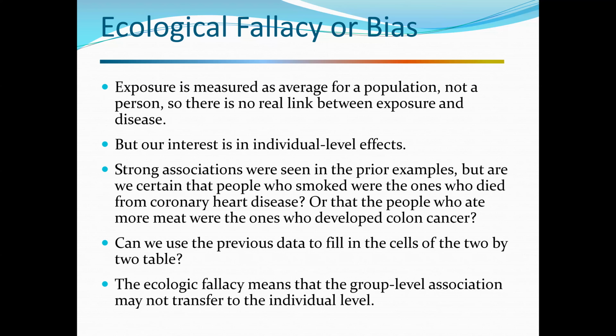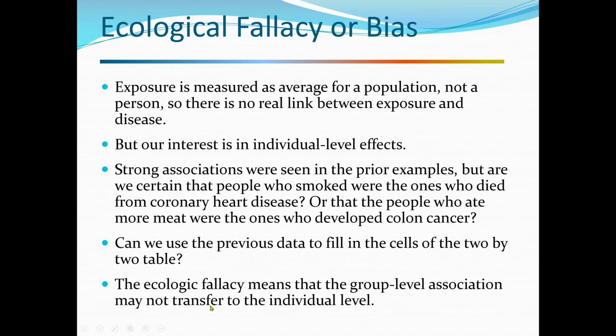Now, this is average. We are not dealing with individuals, we are dealing with the whole population in each state. So it may depend. Ecological fallacy, or a bias, may happen. So here we ask, can we use the previous data to fill in the cells of the 2 by 2 table?